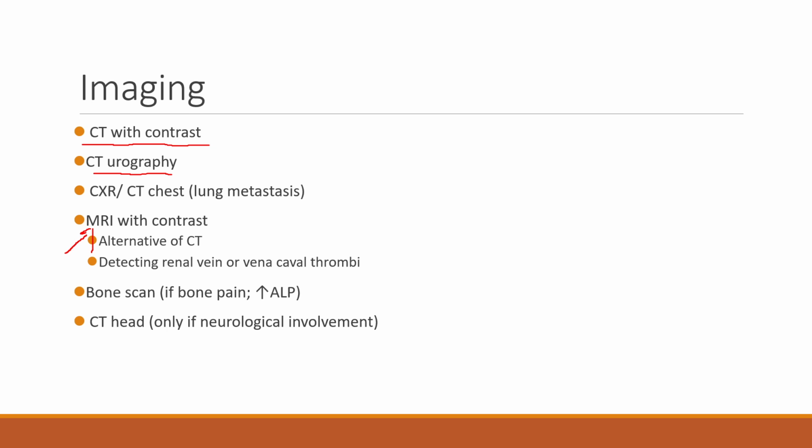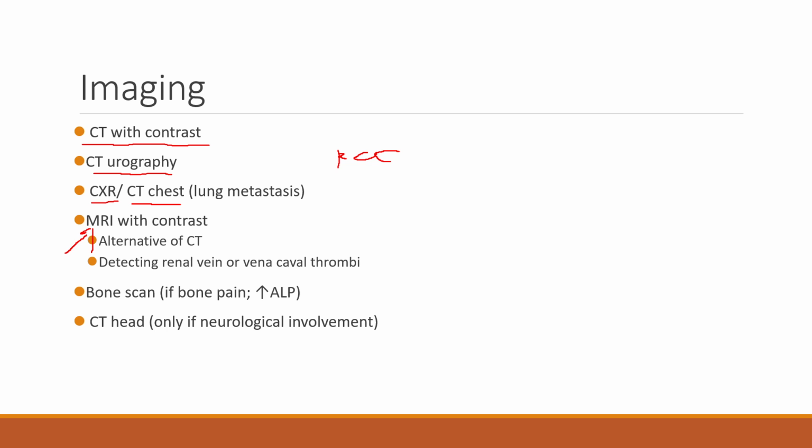Since the patient shows respiratory symptoms, non-productive coughing, we also order chest X-ray or CT chest to see if there's any lung metastasis. Because for RCC, renal cell carcinoma, lung metastasis is very common and has a high chance. I mean, if they get metastasis, they're going to go to the lung.